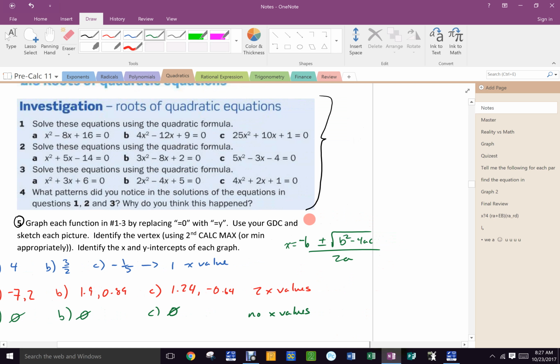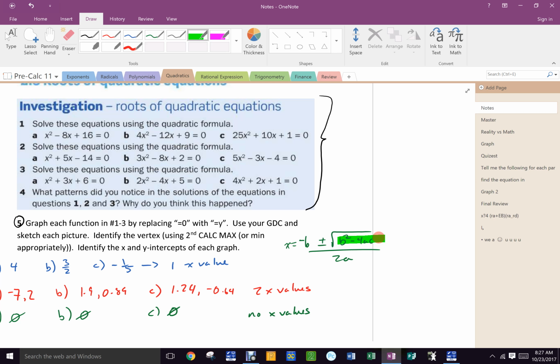What part of this allows for there to be two answers? This part right here, right? Why? Because there's a square root, yes? And every time you have a square root, you have how many answers? One or two, right?